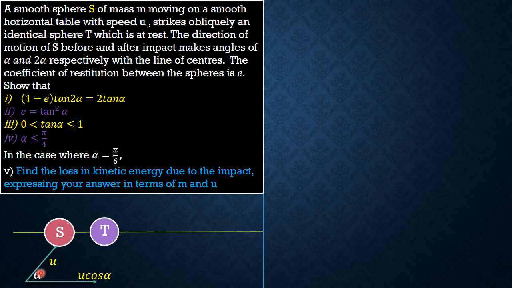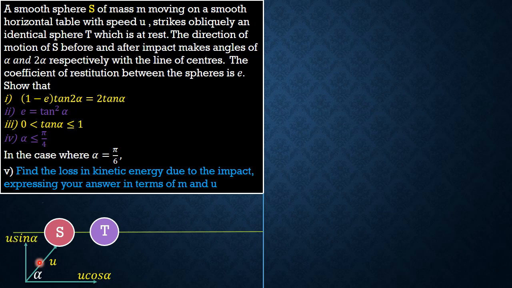It is still the same angle, okay? This line is parallel to the horizontal component, which is responsible for the horizontal motion of this sphere. So this angle is still the angle which the sphere makes with the line of centers. Then, friends, the vertical component of this speed has a value of u sin alpha.